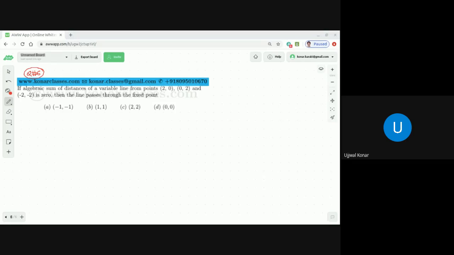Let the line pass through the fixed point (x1, y1).